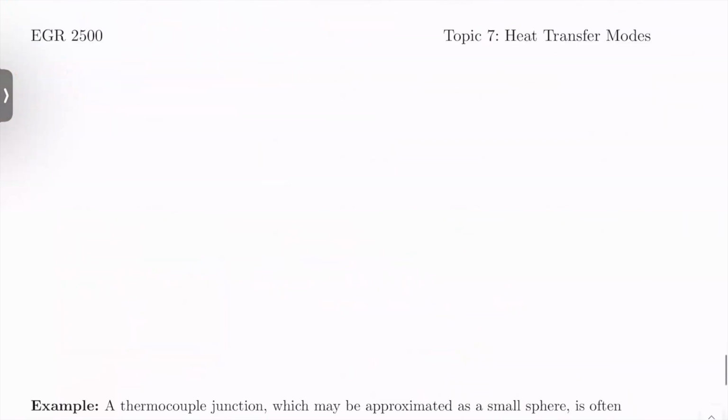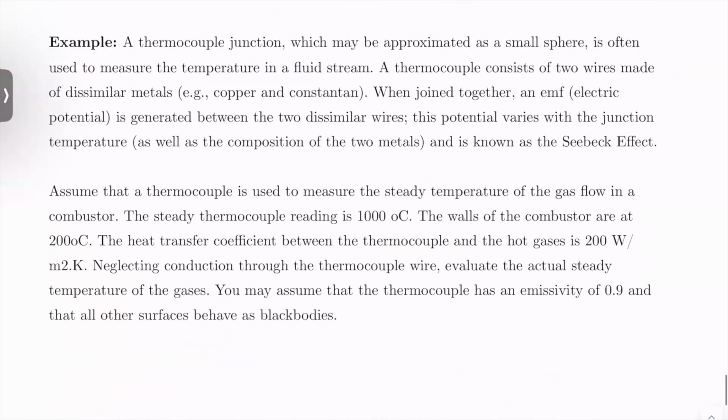Okay, let's do another example. This one has a little prelude with interesting information in it. We're gonna talk about thermocouples for a second. A thermocouple junction can be approximated as a small sphere, and this is often used to measure the temperature in a fluid stream.